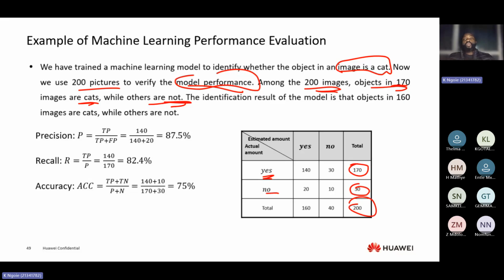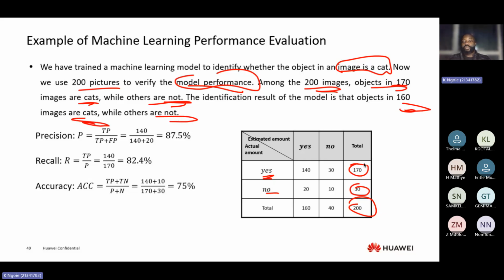Now when we look at this case, after checking the performance of this model, we've identified the result. This model has predicted 160 images are cats, while the rest are not, which is 40.